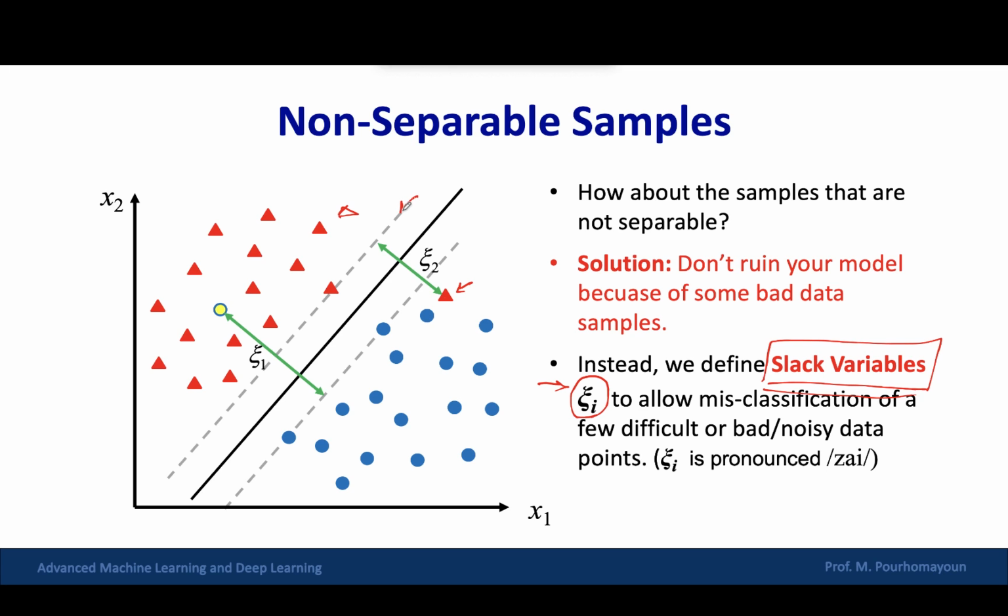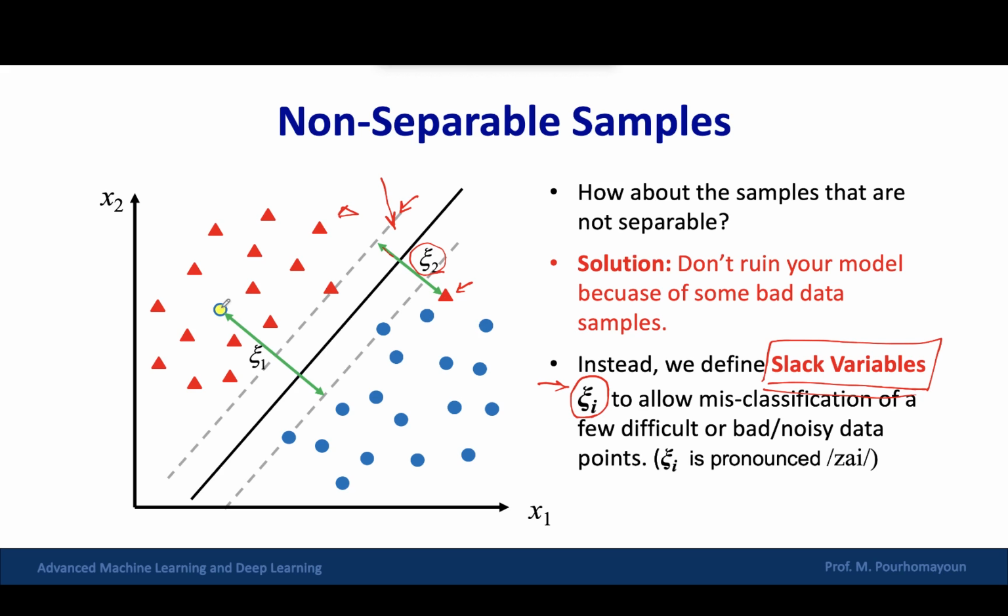Remember, the red one was supposed to be on the left hand side of this line. Now it is here, so this green distance is my slack variable for this sample. It means that this guy was supposed to be on this side, but I let him be off by this value, okay?